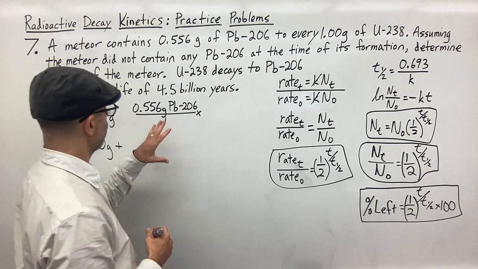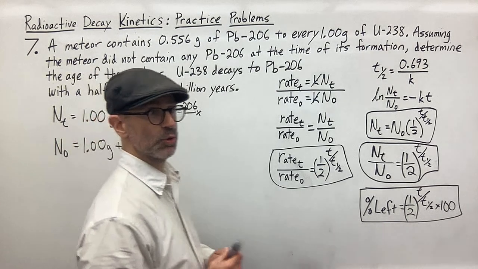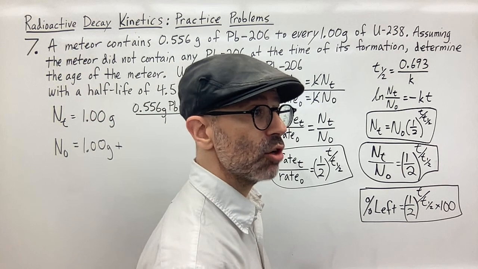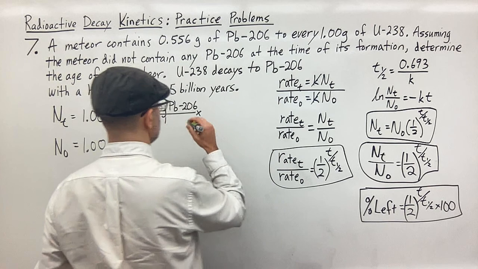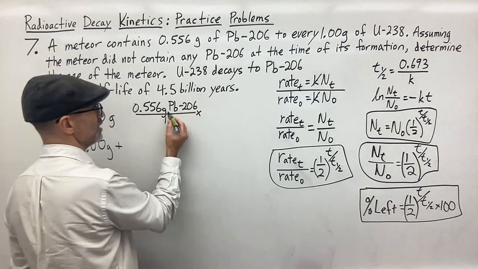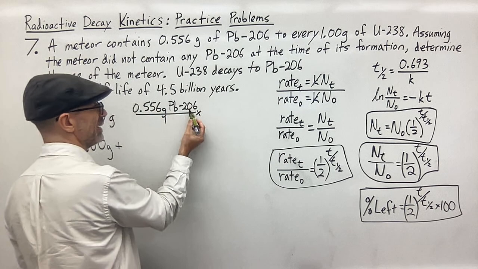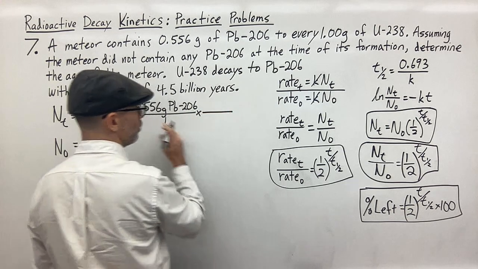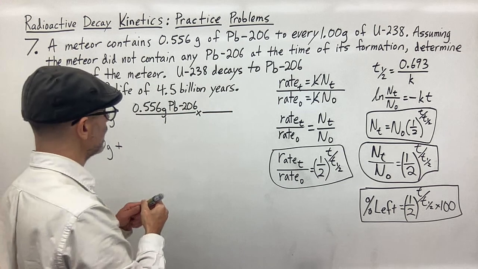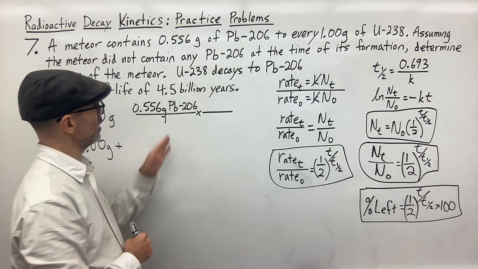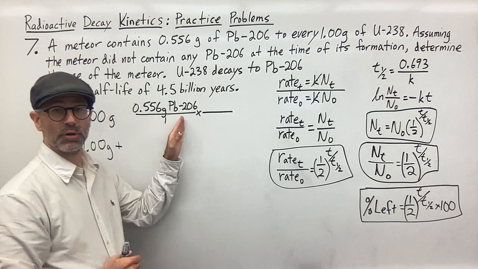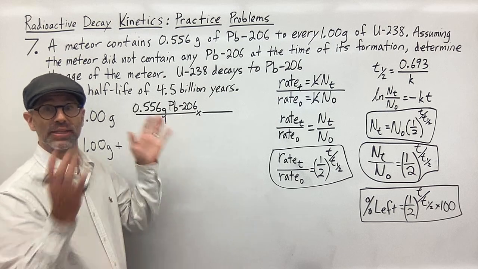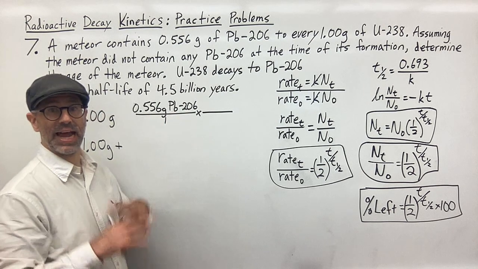So we need the molar mass of Pb-206. So if we look that up, it's 206 grams per mole. We know that because this particular isotope has a mass of 206. So you don't need to look on the periodic table for that. Remember, the mass on the periodic table is an average of all of the isotopes, but we're not interested in the average of all isotopes.